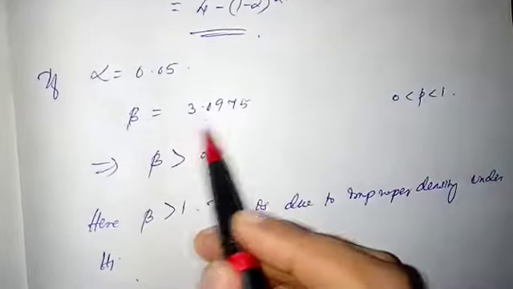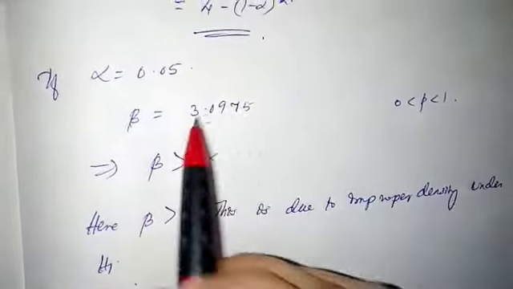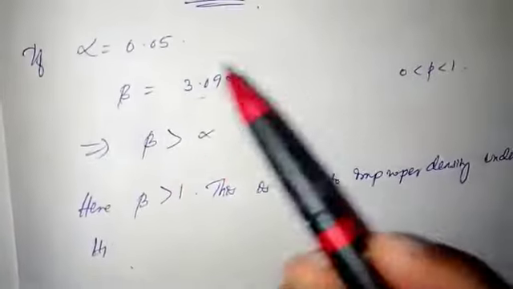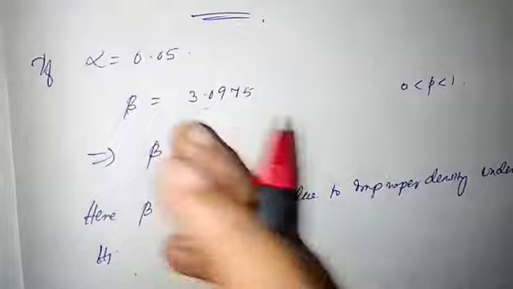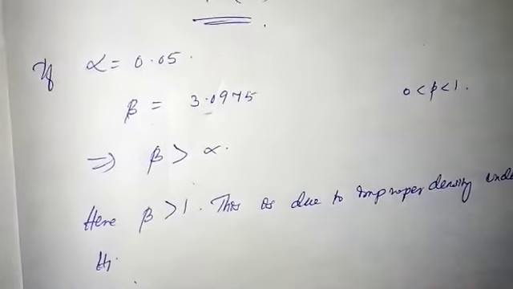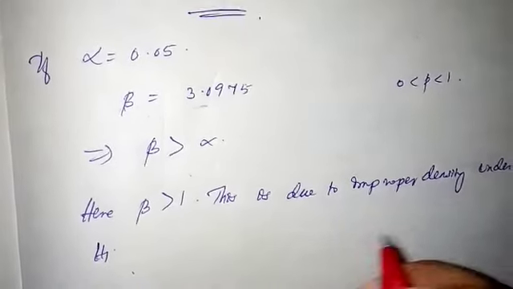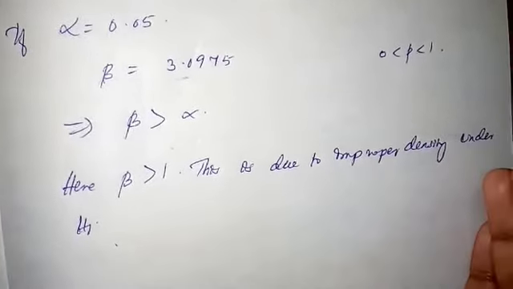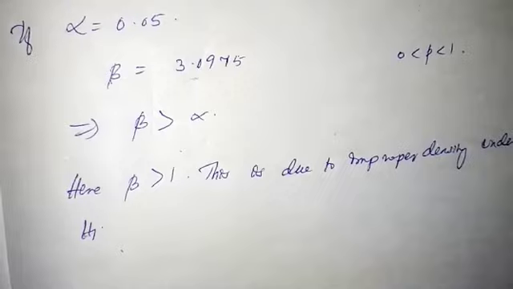But here it's greater than 1 because of the improper density under the alternative hypothesis. Then this power of the test is wrong, because under the alternative hypothesis, the density is improper.